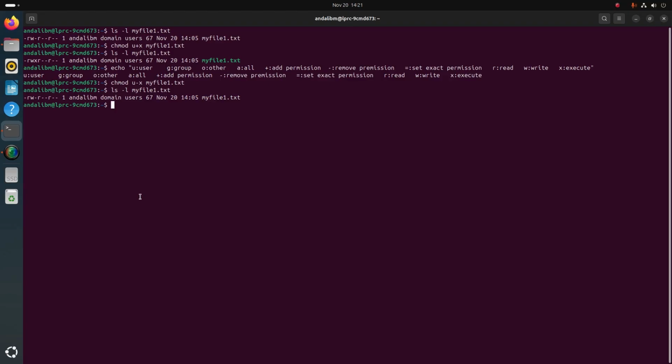Or I can say, for instance, for the user, set it to R only, right? So I can say this, look, I say chmod, and then the user equals R. So the user can do only read. Now look again.